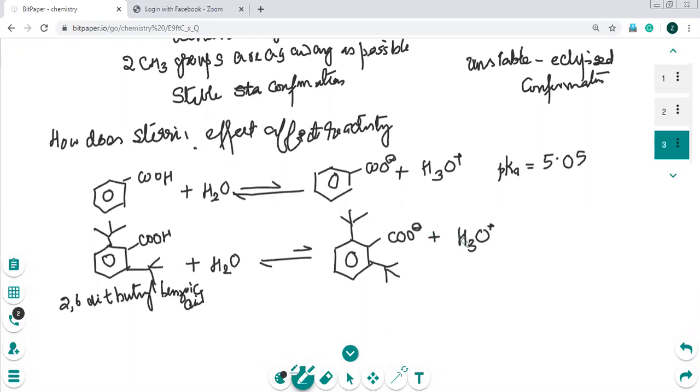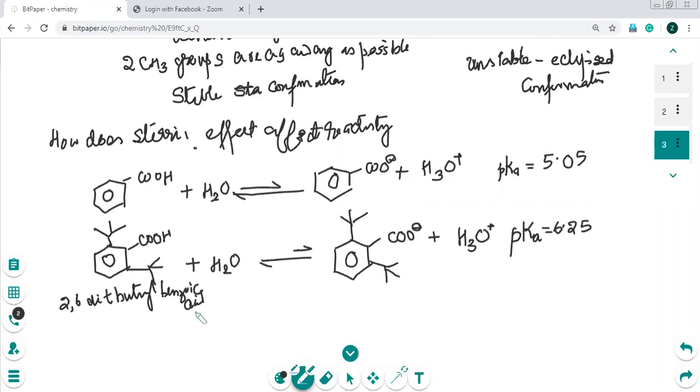See here. Now, what is important is the pK value. The pK value of this compound, what do you expect? The pK value of this compound is 6.25.